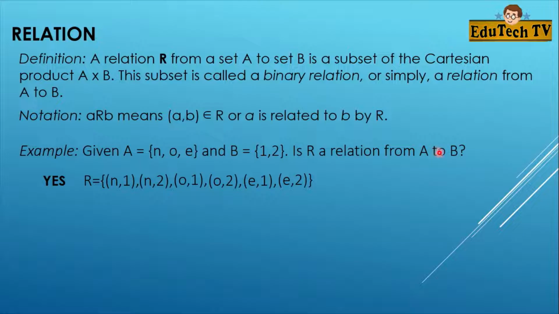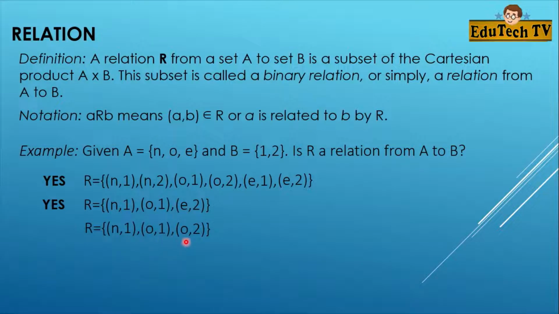Since all these ordered pairs are elements of A × B, then it is a relation from A to B. Next, how about N1, O1, and E2? As you notice, each ordered pair is also an element of A × B. So we have N1, next O1, and then E2. So this relation is a relation from A to B. How about this one?